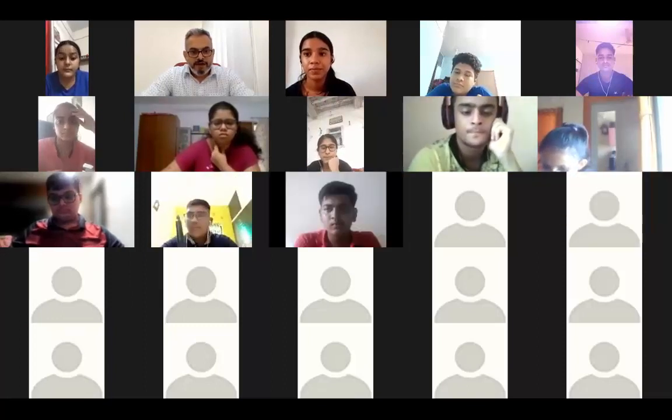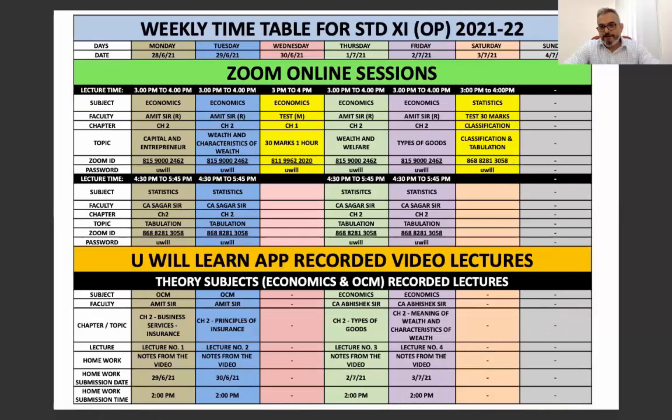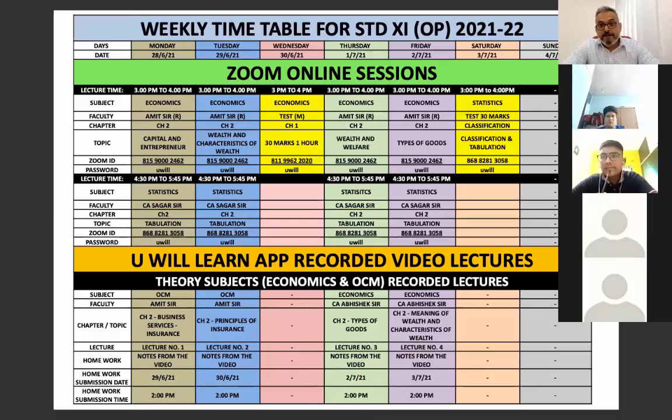Now look at this schedule. You can see there are rows, there are columns, there are different information given. Can I say it is a tabular presentation of information, our weekly schedule? Can you see a table format? In fact, the title itself says weekly time table.